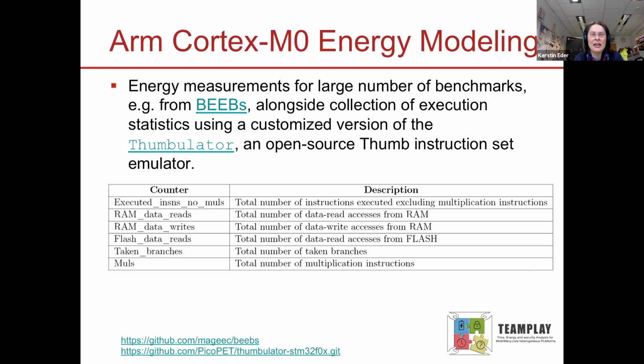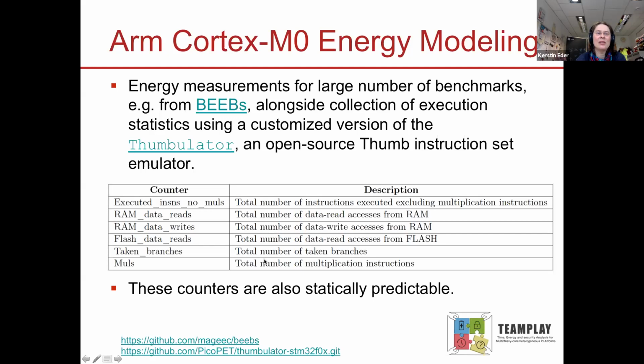Okay, so these are the counters. It's a very small set of counters that we've decided to use for our modeling. And the interesting aspect for these counters is that these counters are also statically predictable. Okay, so you can use static analysis to predict values for these counters, which is great news.